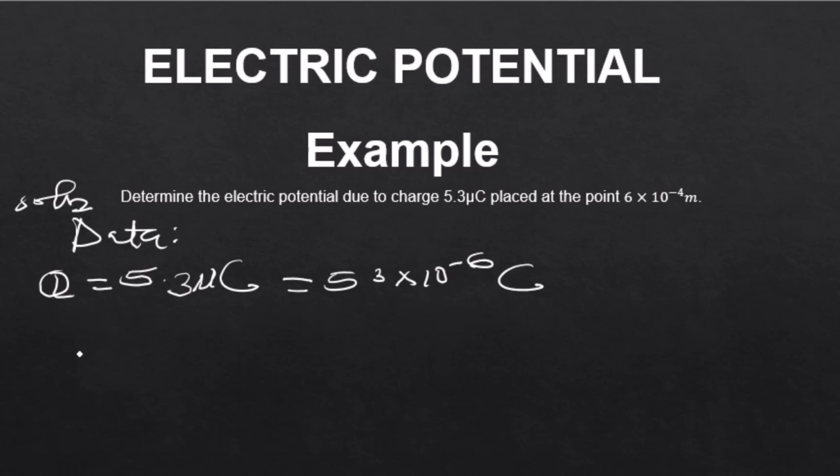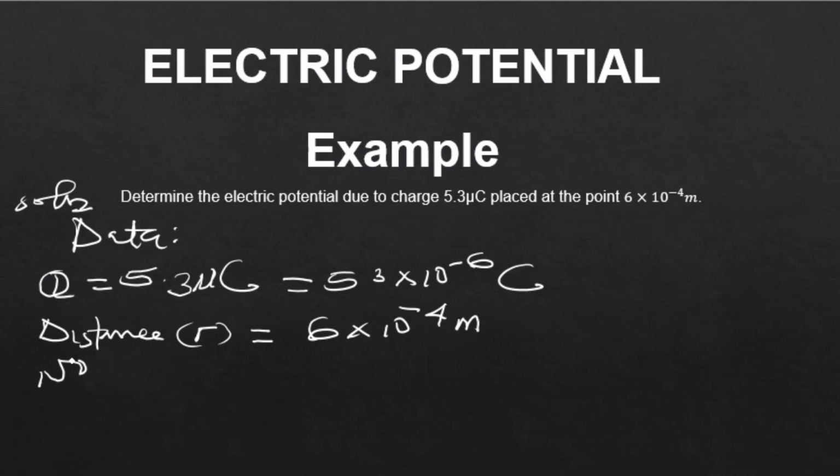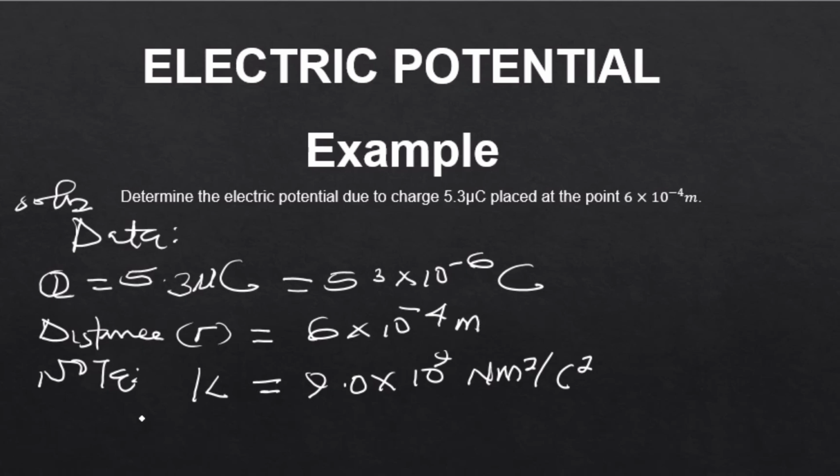The next parameter we have here is the distance, R, which is given as 6 times 10 raised to the power of minus 4 meter. Note that K is always 9.0 times 10 raised to the power of 9 Newton meter squared per coulomb squared.